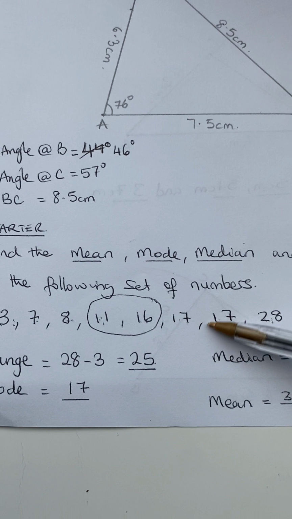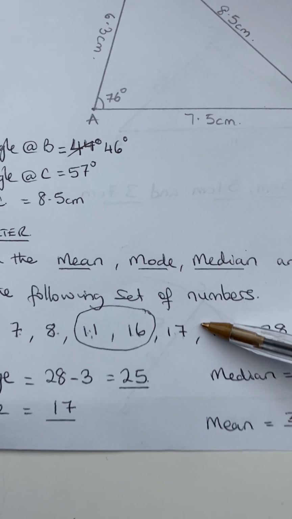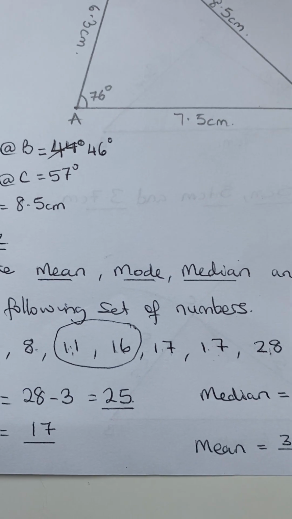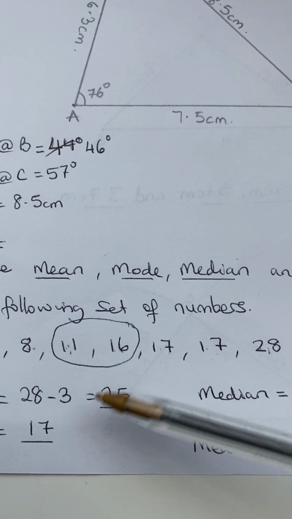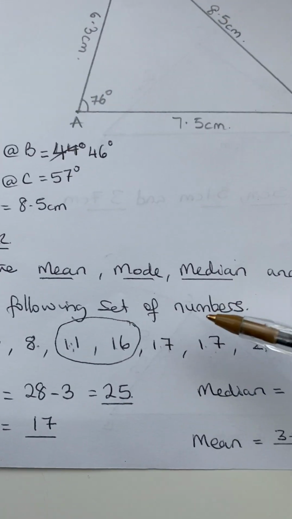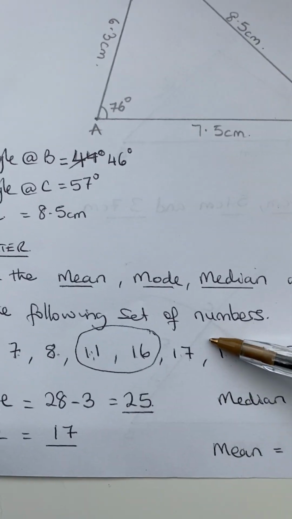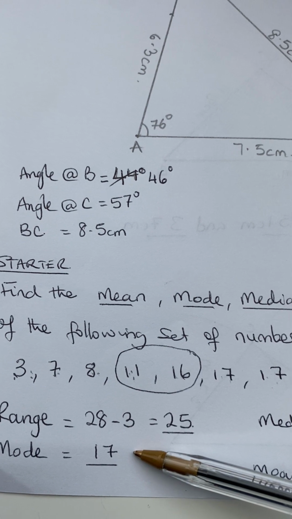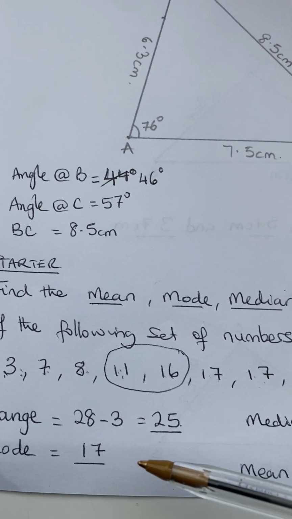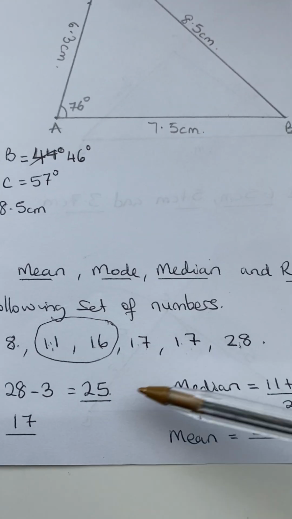That is the only number that occurs twice. If you don't have a mode, there is none, so you write none. If you have one, you write it. But here we have a mode. Assuming we didn't have one, we would write none. We've discussed this in our videos, so please go back and watch.